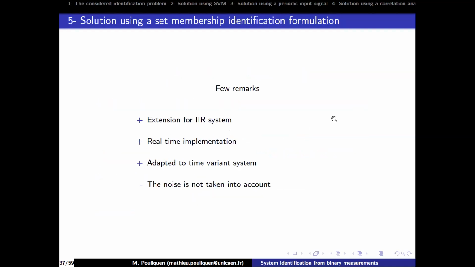The good news, an extension to infinite impulse response, real-time implementation, time-varying system, okay. But the problem is that in the principle, the noise is not taken into account, so if the noise is too important, it can be a problem for the convergence.